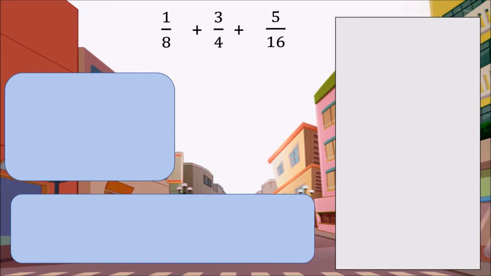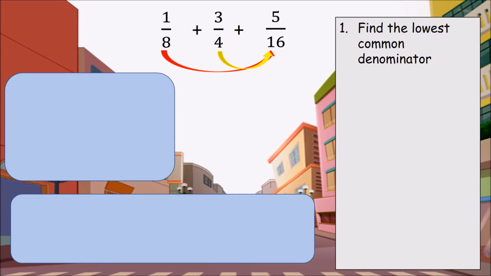Okay, so we have to find the lowest common denominator. Now again, as said before, we could list them all, but as 8 and 4 are both factors of 16, we know that 16 can be our denominator. So the first thing we do after that is we have to convert 1/8 into 16ths.